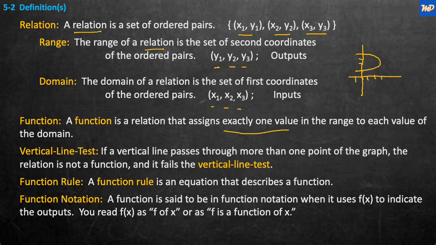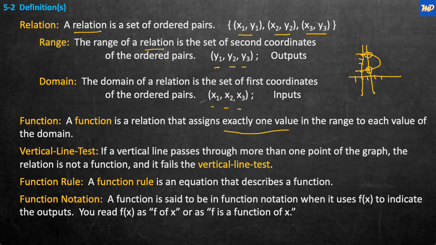You can see here that this x value, which is say x0 perhaps, has a y value here and a y value up here. That means there are two outputs for one input. So that would be the vertical line test. At any time you draw a vertical line, if that line crosses more than one place, it's not a function, it's only a relation.